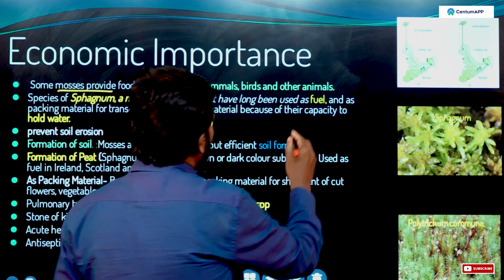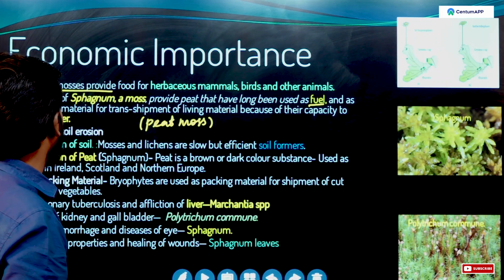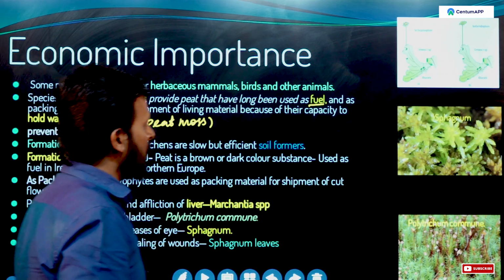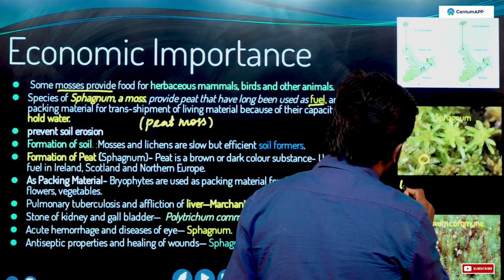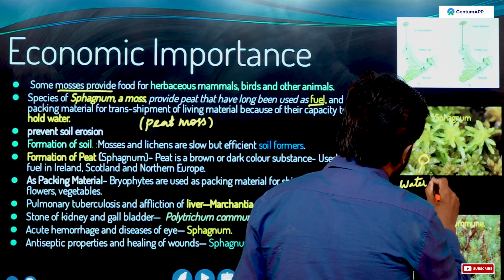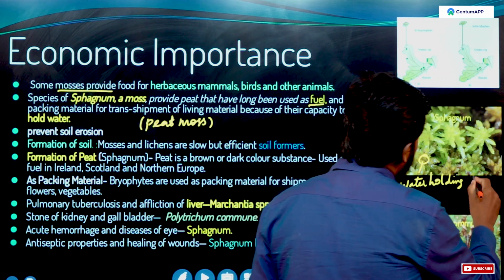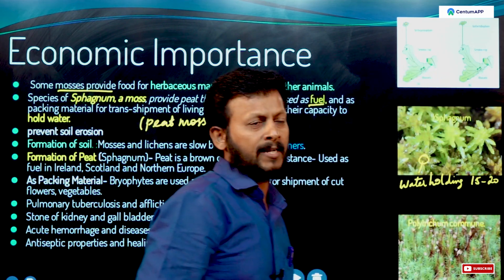We can use peat moss as fuel. Sphagnum holds water, absorbing more than 15 to 20 times its content of water.